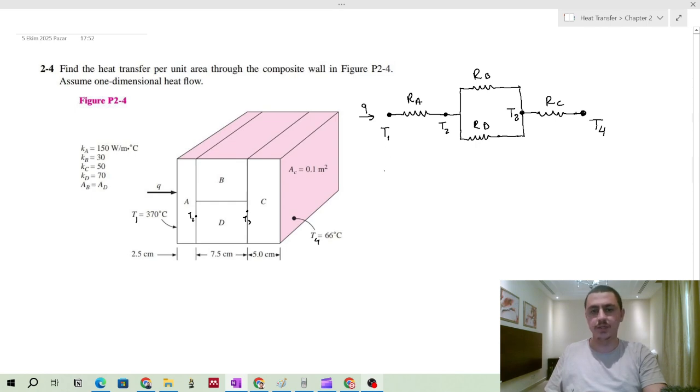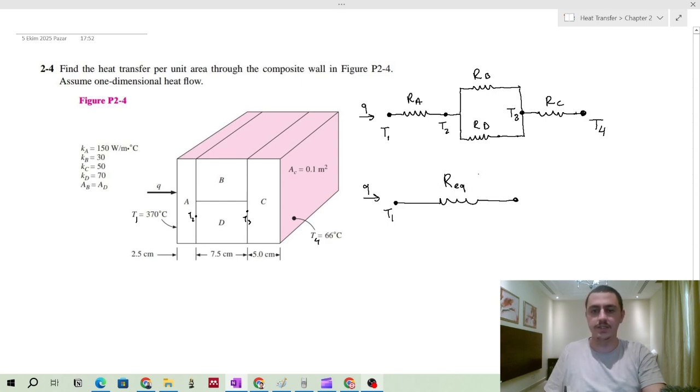So let's rearrange this diagram again. We have Q, we have T1, we have only one R equivalent, the equivalent resistance of all these, like the reverse of the overall heat transfer coefficient.